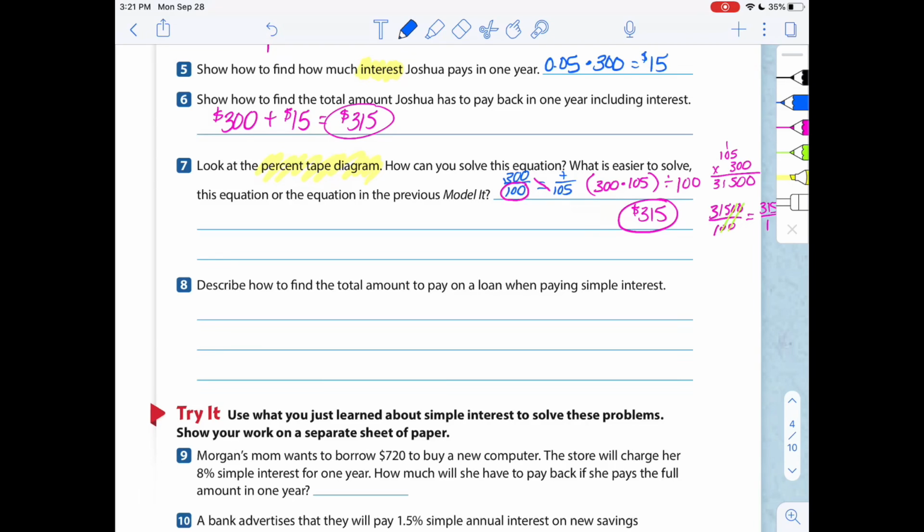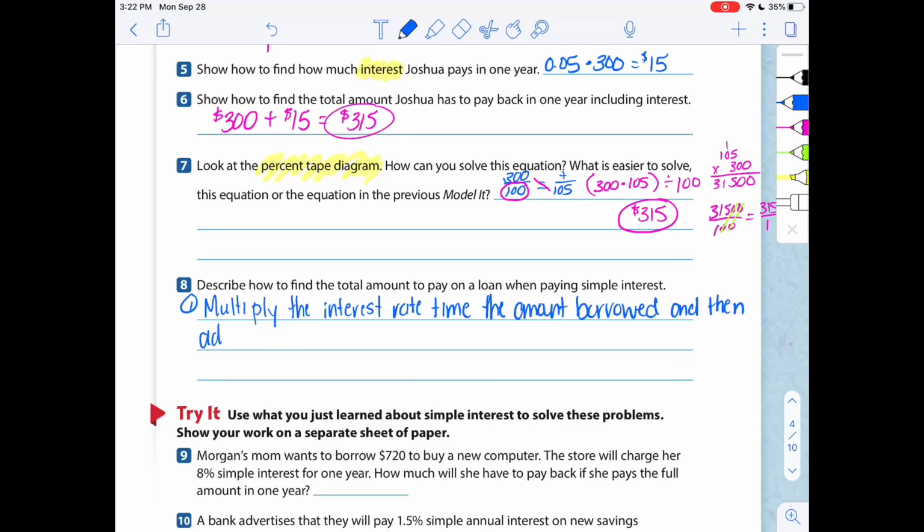So there's two ways that we talked about that you could have described. The first way was with that first equation. So you could multiply the interest rate times the amount borrowed, and then add it to, so you're going to then add that product to the amount borrowed.